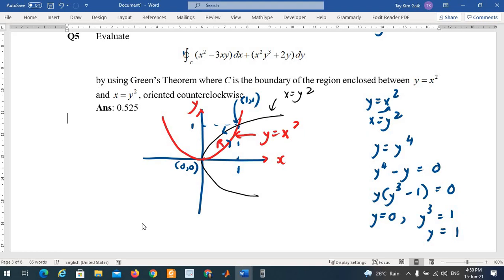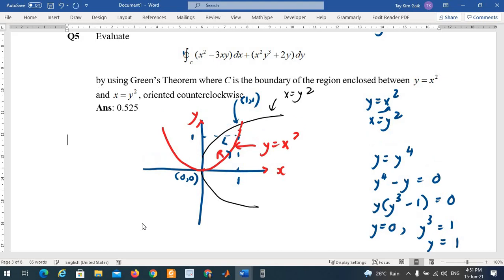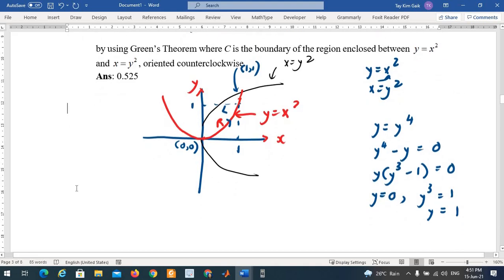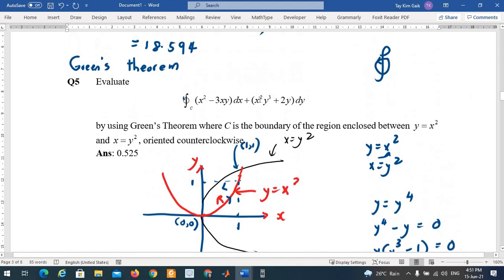So you have two times of job. So if you use Green's theorem, because the curve is anti-clockwise and closed, once it forms region R, if you apply Green's theorem, it will be faster. So now we apply Green's theorem.